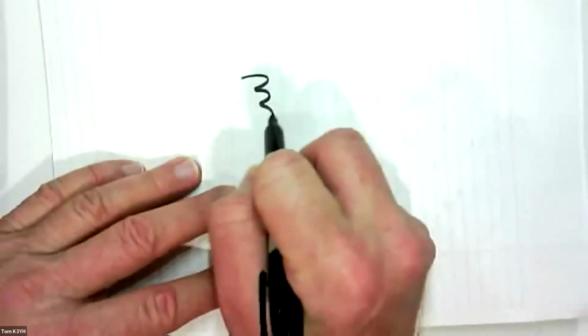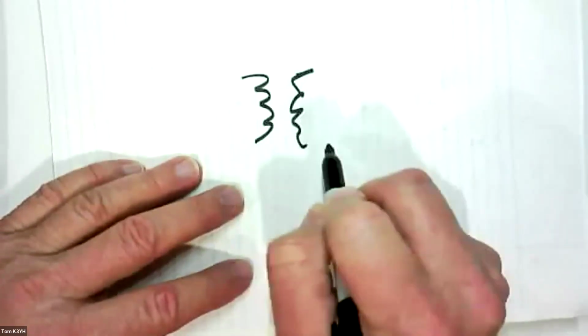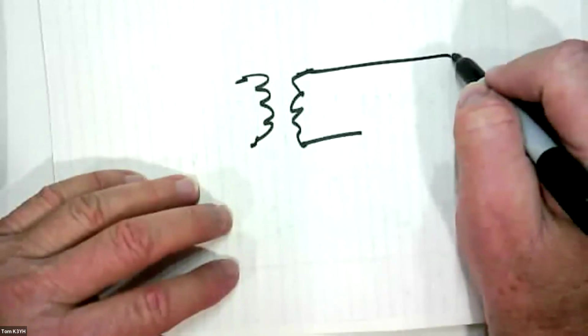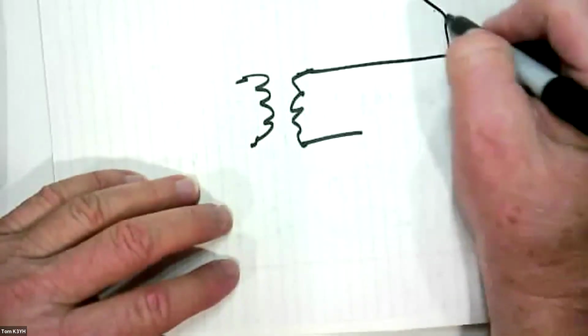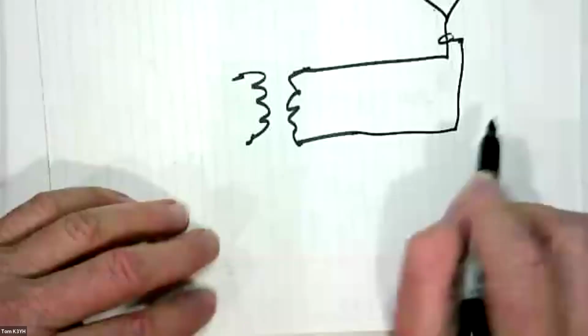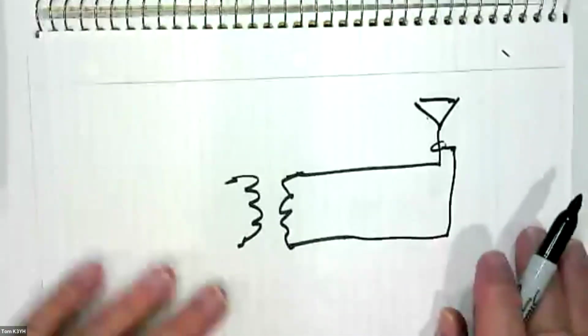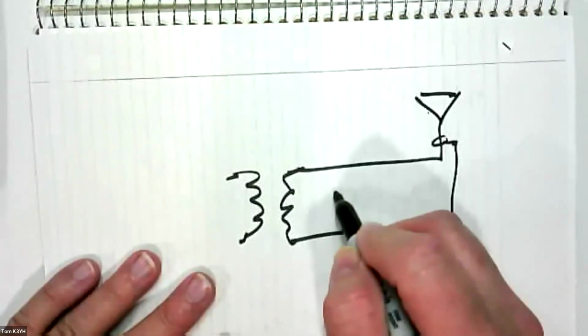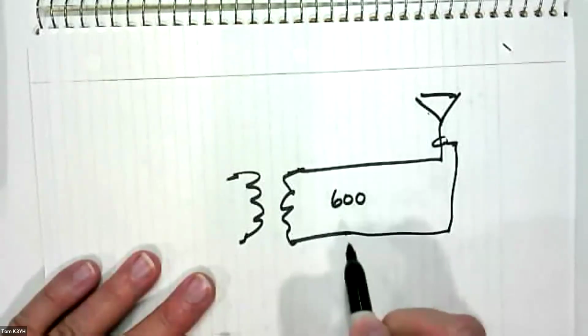All right, so here's a transformer, and I'm trying to turn, on this side, I go out to an antenna of some sort. I'll draw a sort of a balance thing here, okay? And on this side, the antenna is 600 ohms.